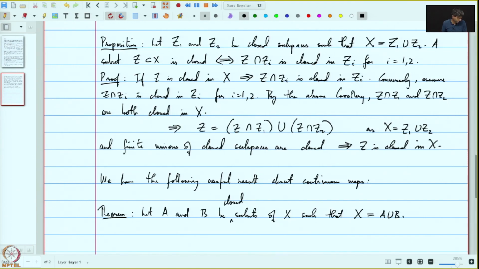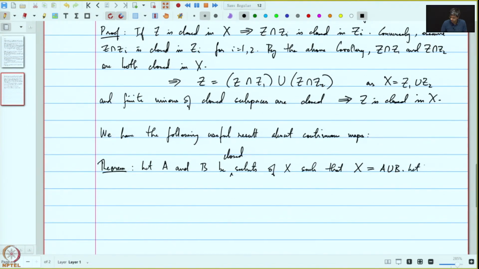Let A and B have the subspace topology. Now let f from X to Y be a map.